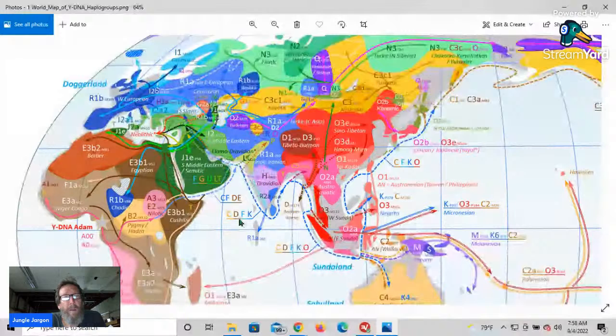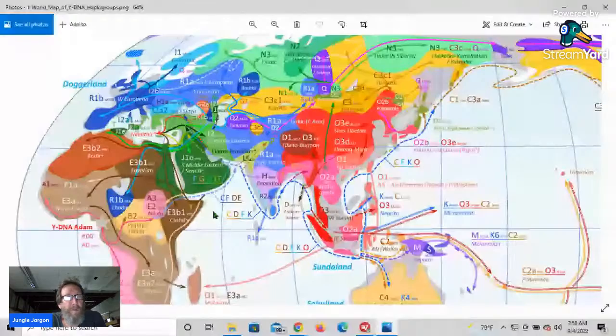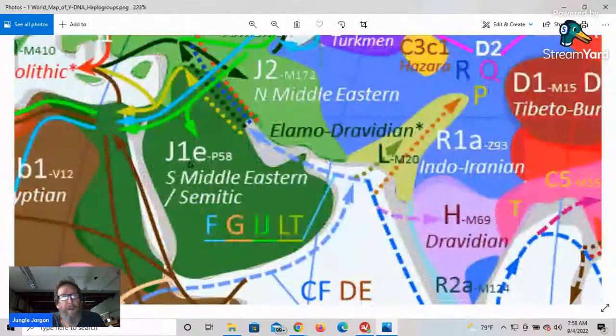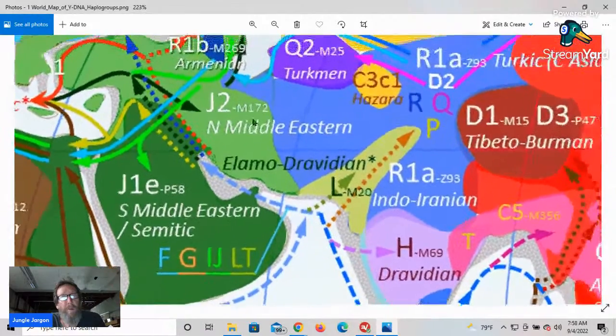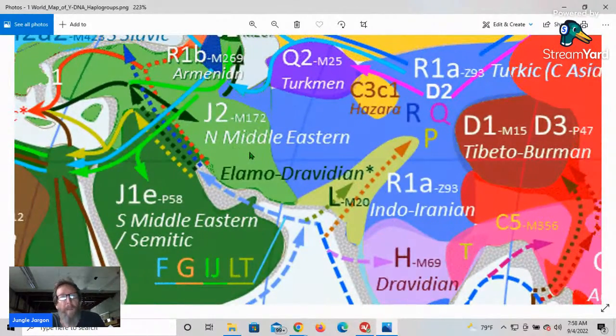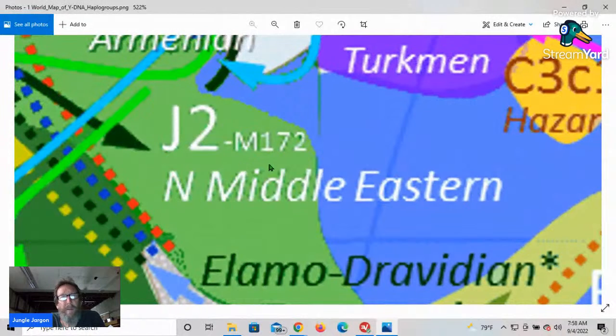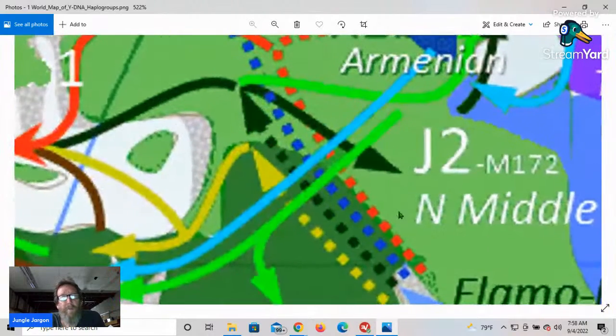But I'm not going to be focusing too much on the T right now. I just want to make the case for the Judaic J1 and J2 Middle Eastern as being Judaic, especially this J2 M172. Because when Israel was kicked out, they were kicked out to the north.